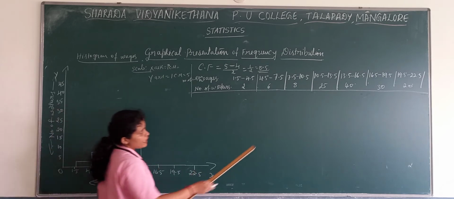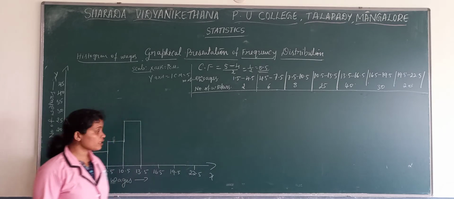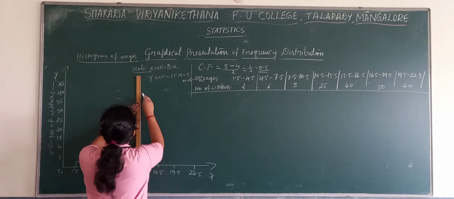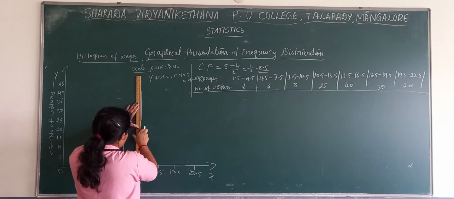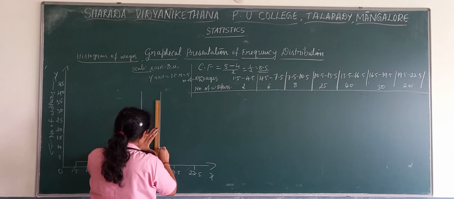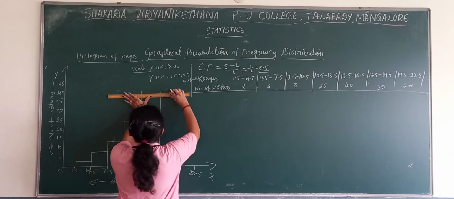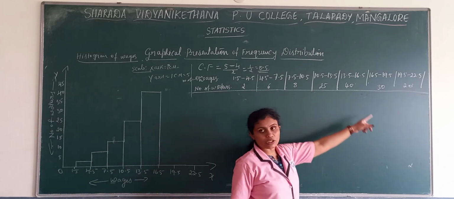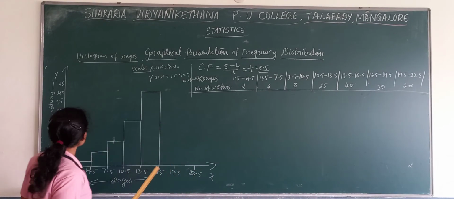Next, 13.5 to 16.5 is 40. There we get 40. Next comes 16.5 to 19.5, that is 30.